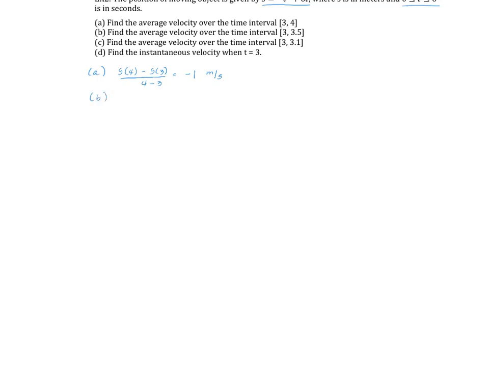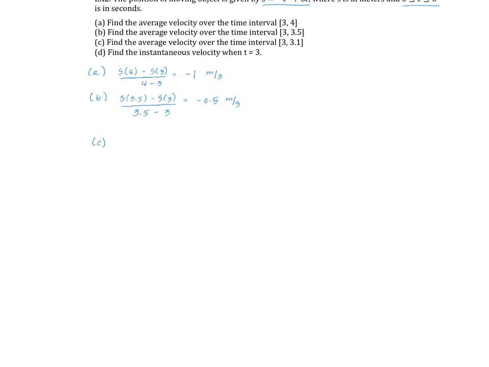In part B, we're going to find the average velocity over the time interval from 3 to 3.5. So that's s of 3.5 minus s of 3 over 3.5 minus 3. It turns out to be negative 0.5. Again, this is meters per second.